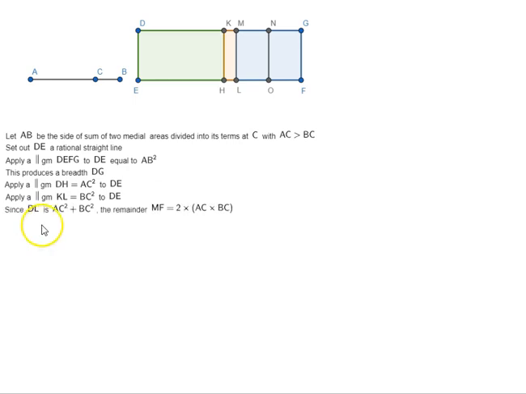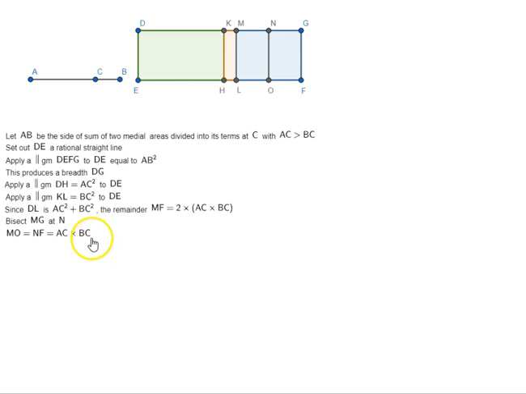Now, since DL is AC square plus BC square, the remainder will be 2 times AC by BC. That is MF. So if we bisect MG at N, then MO and NF will each be equal to AC by BC.